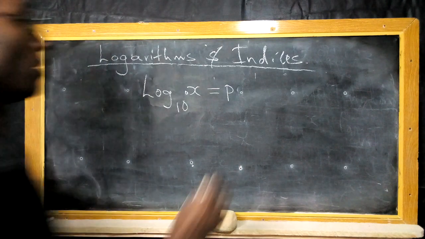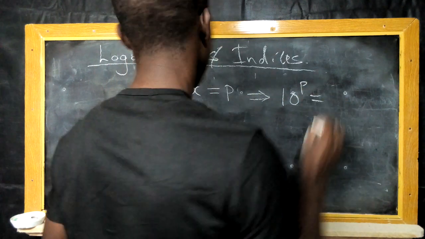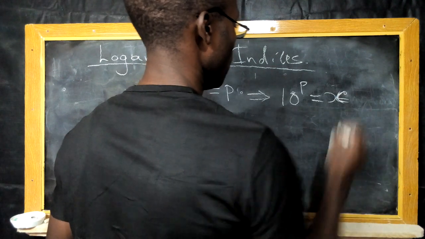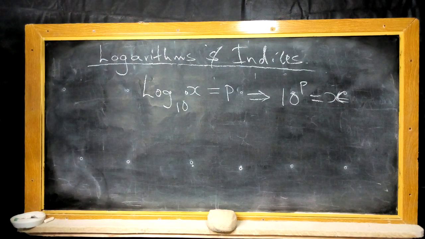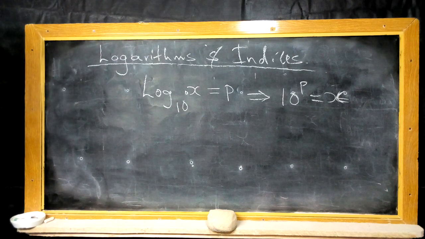This implies that 10 raised to power p is the same as x. So that is the relationship between that exponential equation and the logarithmic function, and that is how we can convert.